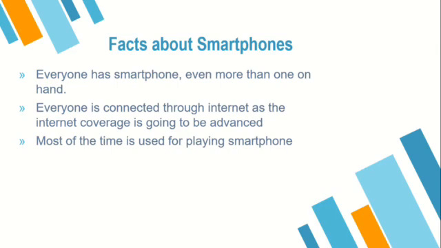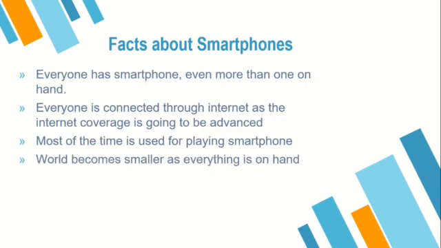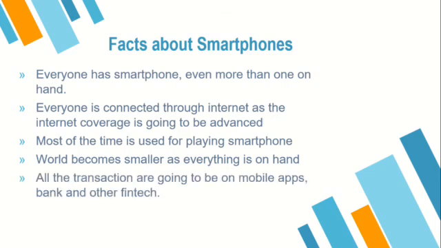Yeah, so you can imagine yourself, when you get up, the first thing that you would like to reach is the smartphone, and then the world becomes smaller as everything is at hand, and all the transactions are going to be on mobile apps, banks and other fintechs. Yeah, for example, transactions to buy things through e-commerce like Tokopedia, Shopee, and then payment, for example, like Oppo or others, and also bank transactions.